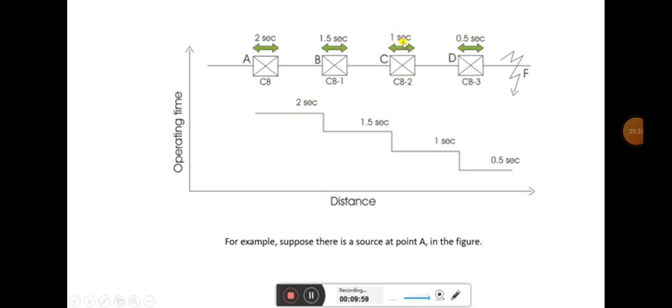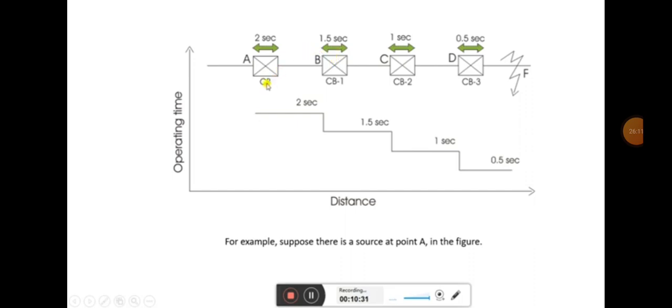That is the time at which that relay operates. Similarly, for CB1, the time setting is 1.5 seconds. That means after 1.5 seconds, the relay of circuit breaker CB1 will operate if there is any fault in the distribution or transmission line.